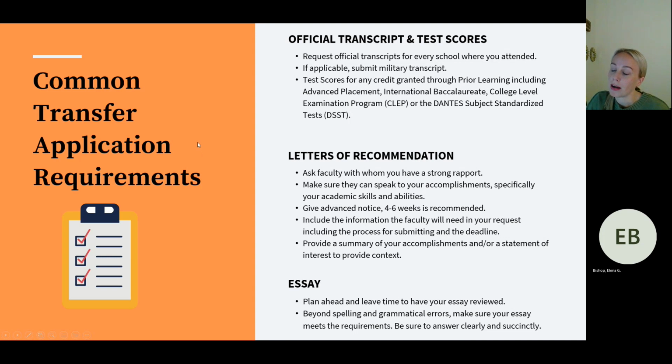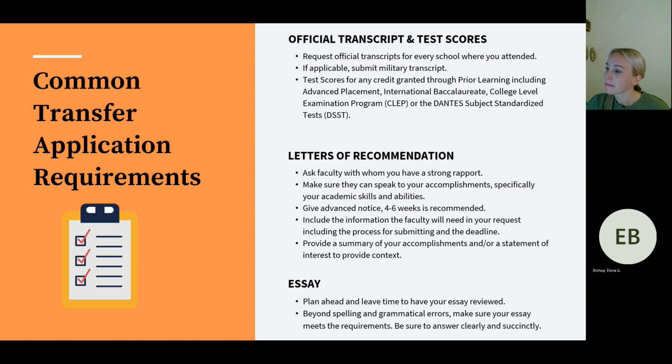If you have questions about any other prior coursework or work experience that you're thinking may be able to be applied towards a program of study, you can always reach out and we will help you determine if that needs to be submitted as well.